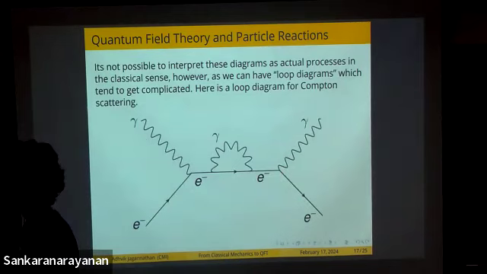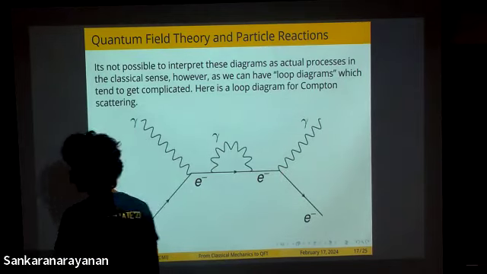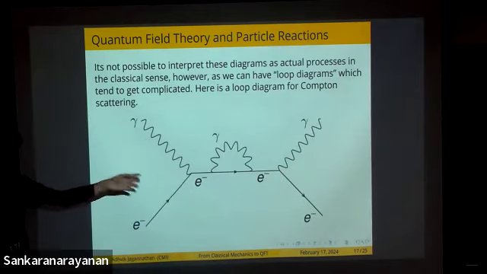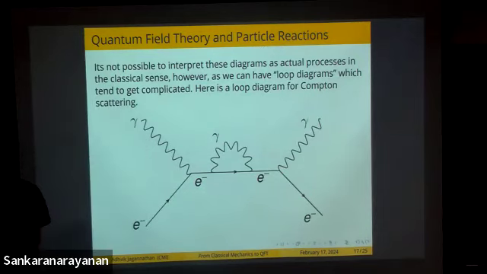So that's a good question. What this tells us is you can't actually think of each diagram representing light actually turning around and moving in such a path, so to speak. It's just a representation of the amplitude.